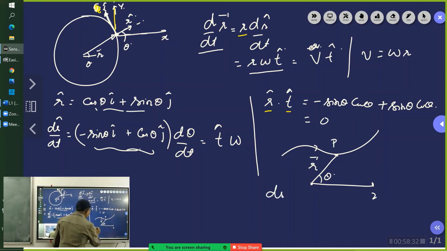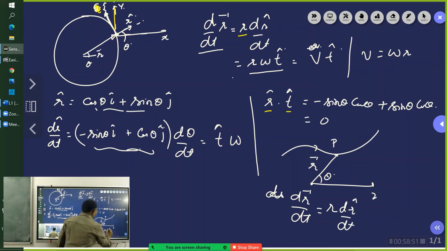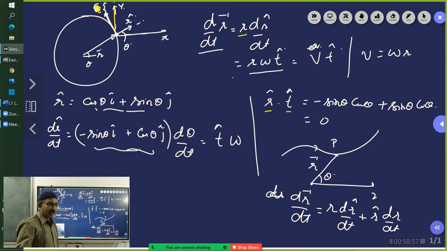Now, if you write dr bar by dt, then this result is not same as this result. Because here you get r cap by dt, same like this, plus r cap into dr by dt. And dr by dt is alive. Why? Because the magnitude can change.